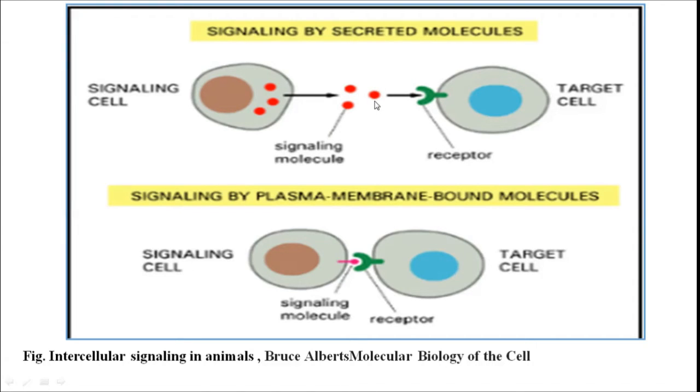Now this extracellular signaling molecule can bind to the receptor which is present on the target cell. This is one of the mechanisms by which signaling can take place between two cells, that is, by extracellular secretion of the signaling molecule.